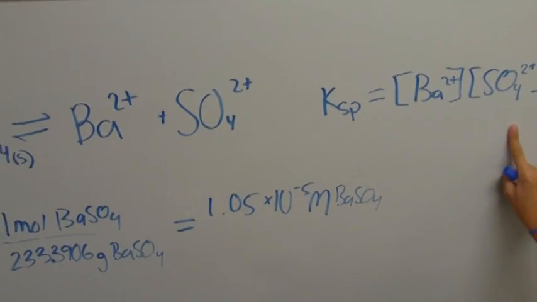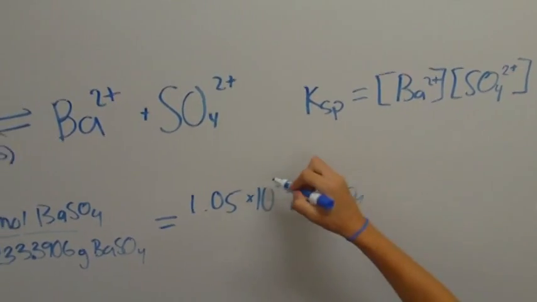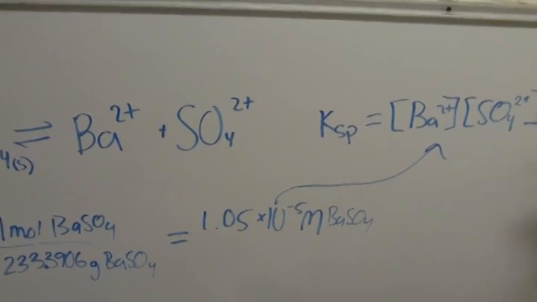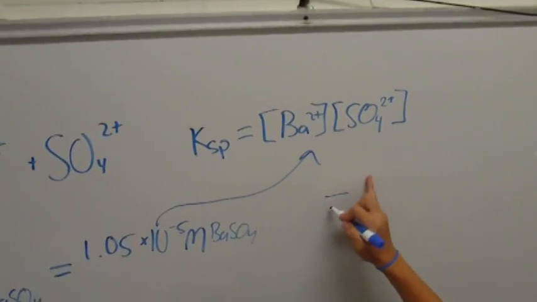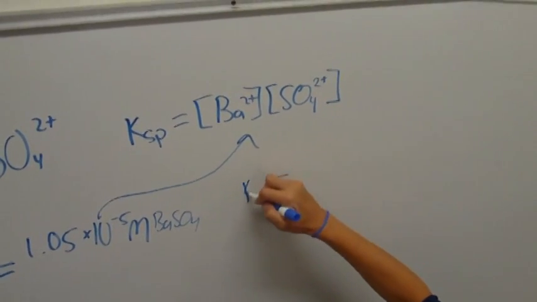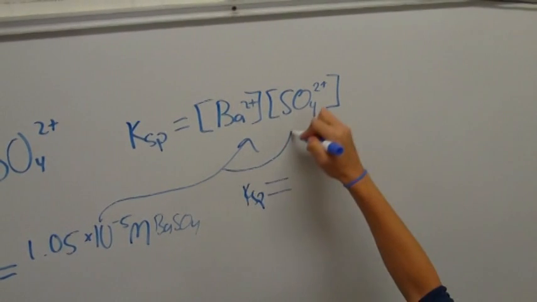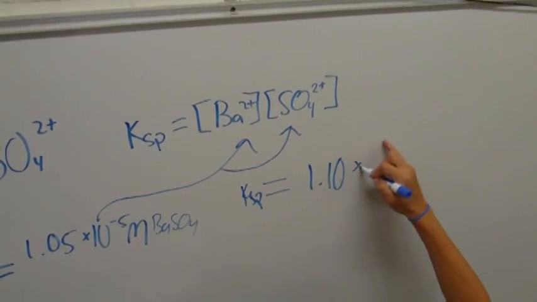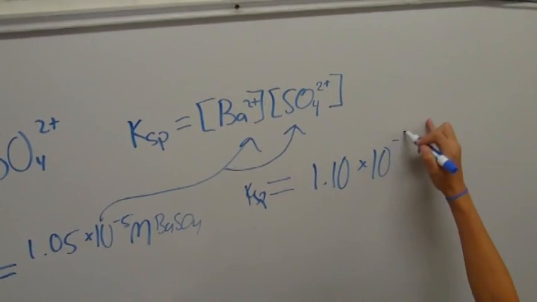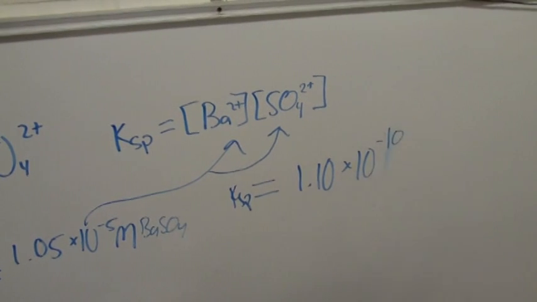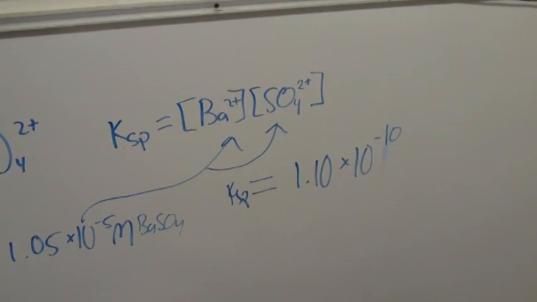I'm just going to put an arrow because I don't feel like writing it out twice, but we're going to plug that into here and here, and then multiply that out, and we end up with Ksp. I'll just show that. Ksp equals 1.10 times 10 to the -10. And that is the answer.